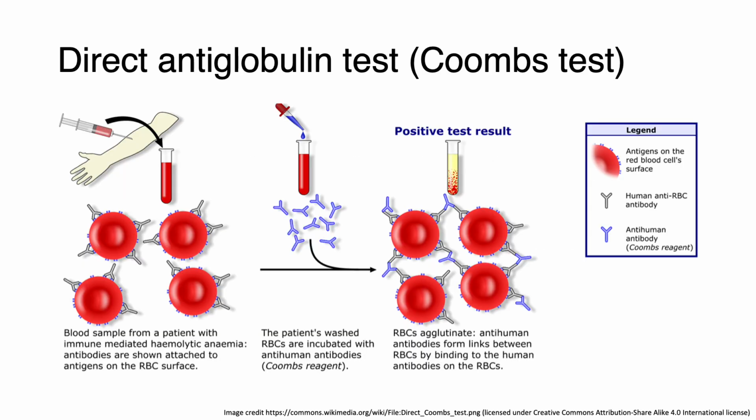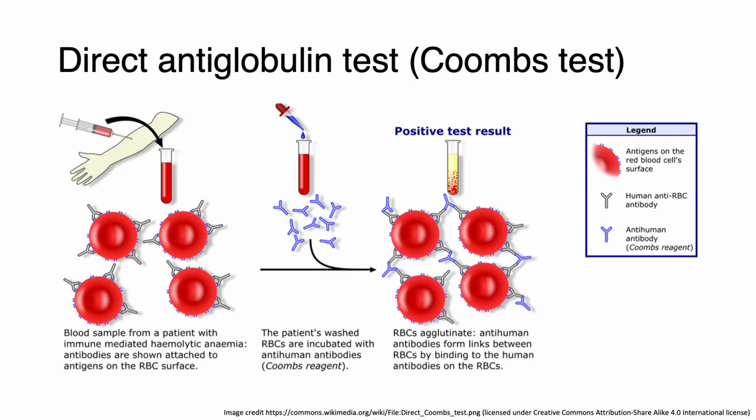Now, if you suspect hemolysis and you have evidence of that based on those other labs, the next thing would be to test the direct antiglobulin test or Coombs test, because you want to know if it's an immune-mediated process or not. So you take a blood sample from your patient, and if they have an immune hemolytic anemia, all their red cells are going to be coated with antibodies.